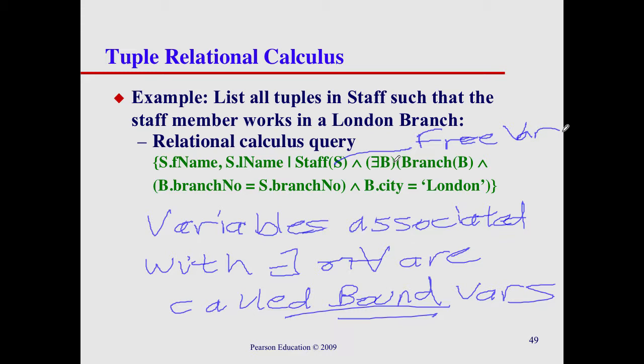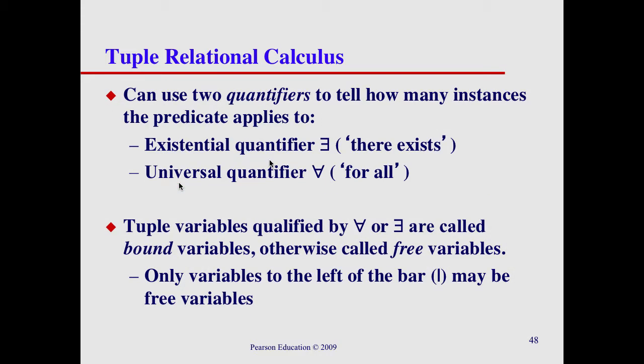Any attribute in a free tuple variable is free to show up in the result. So here we have attributes from S, but you don't see any attributes from B in the solution because B is a bound variable.